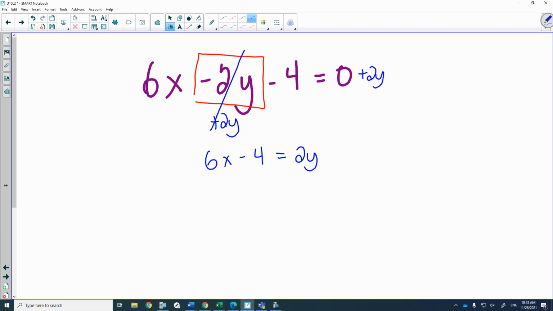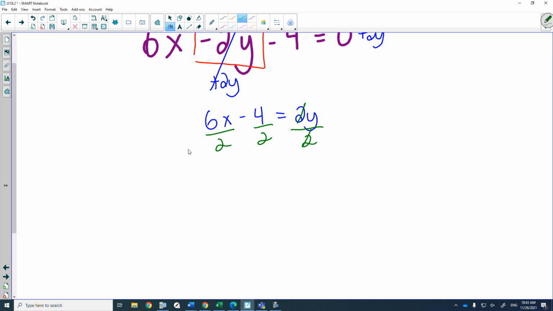Evan, what do you want me to do from here? Reduce. How do I do that? Get rid of that 2. I'm going to just rewrite this. This is system 2, so I'm going to write y first. Y is equal to 6 divided by 2 is going to give you 3x minus 4 divided by 2 is 2.